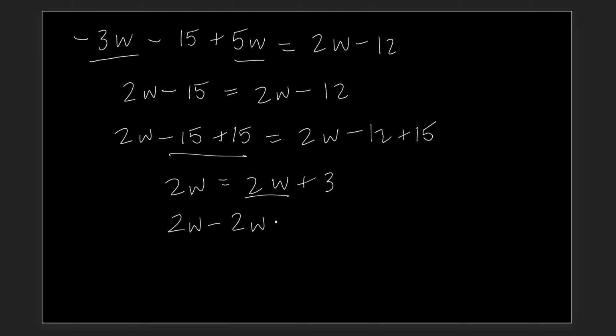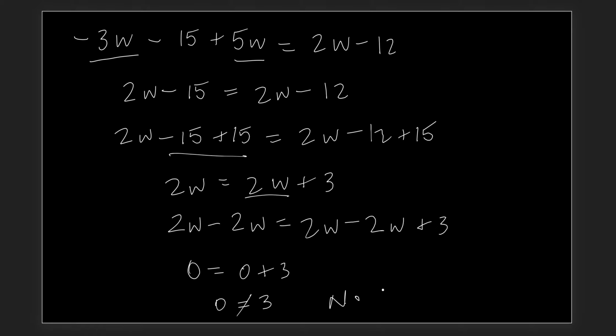I would subtract 2w from both sides to make that happen. And so let's see what this comes out to be. So this would be 0 equals 0 plus 3, which is 0 equals 3. And that's not a true statement, so that's where we would have no solution as well.